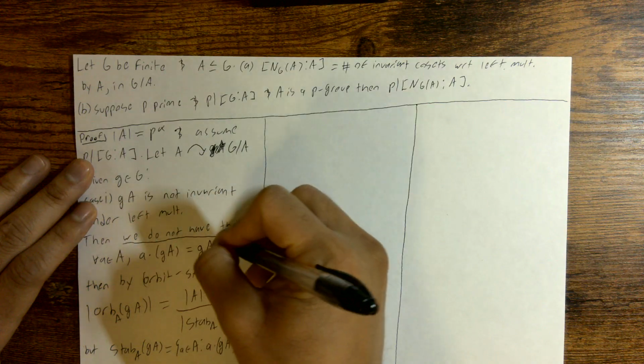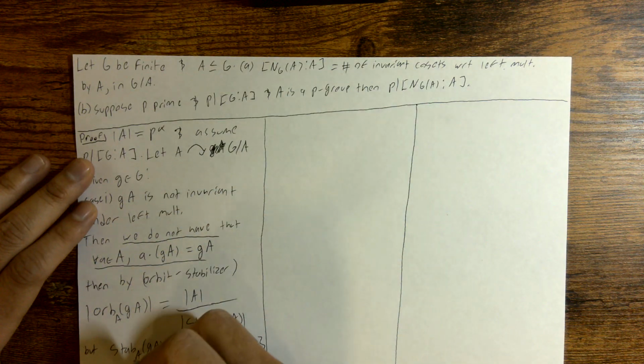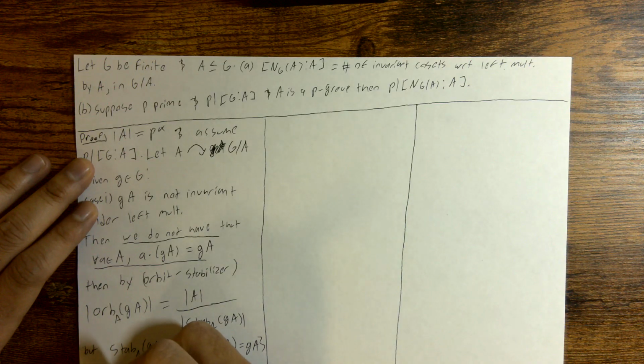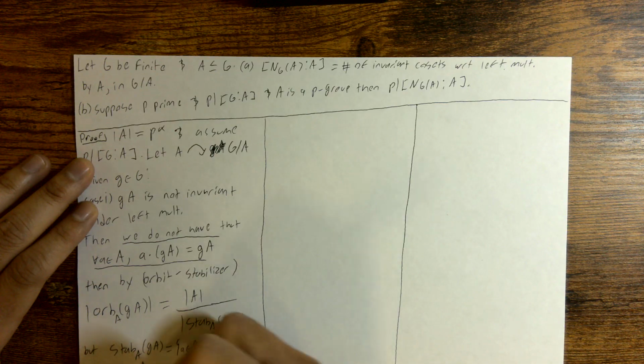But we do not have that for all a that this holds, and therefore this set, the stabilizer, which we know to be a subgroup of A, is in fact a proper subgroup of A.